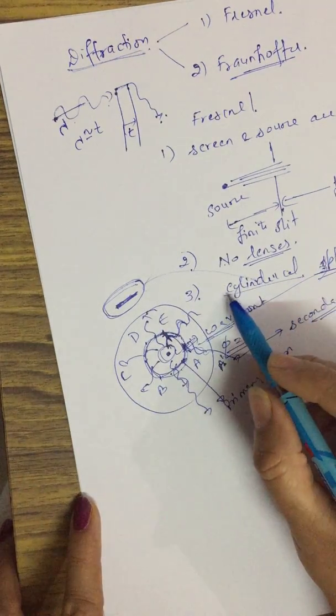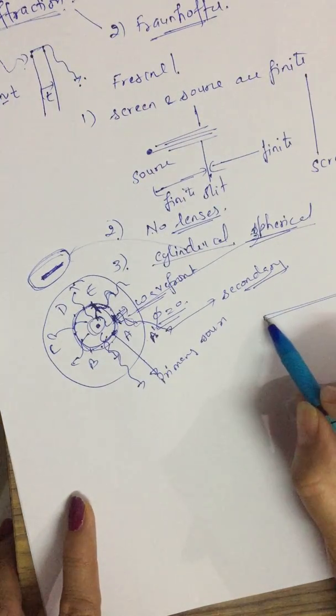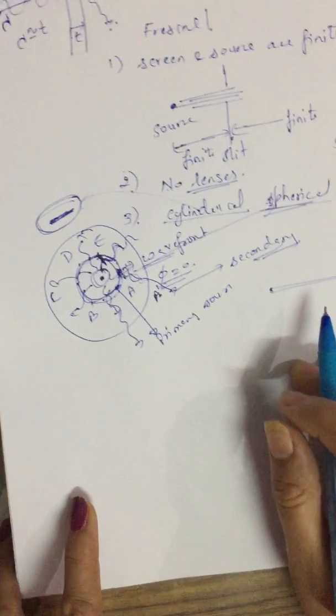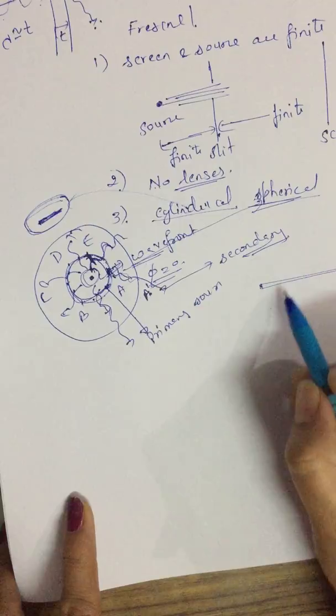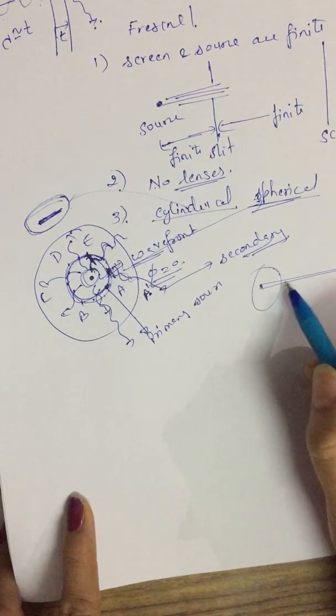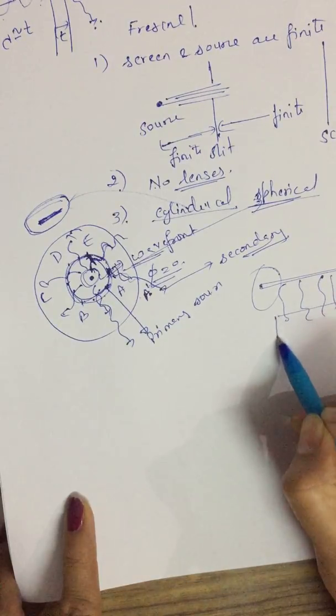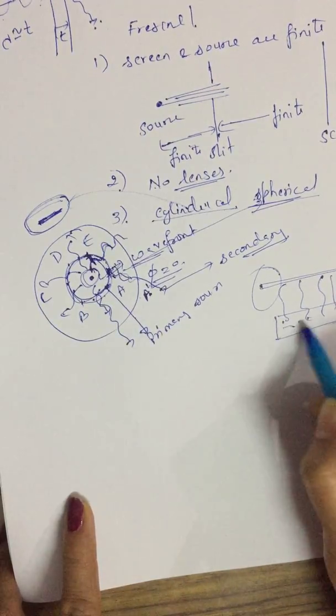How will you obtain a plane wavefront? Let us consider you have a source having large length as compared to the thickness. And when you get this source wavefront, we find that you will get a plane surface when you connect all the points which are in phase.